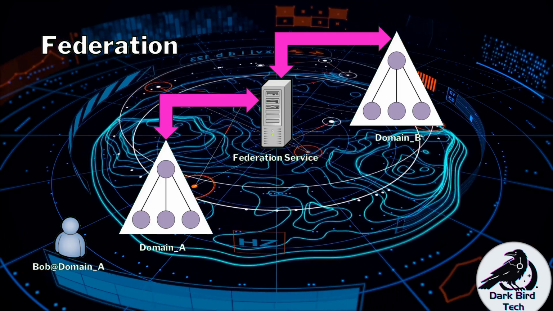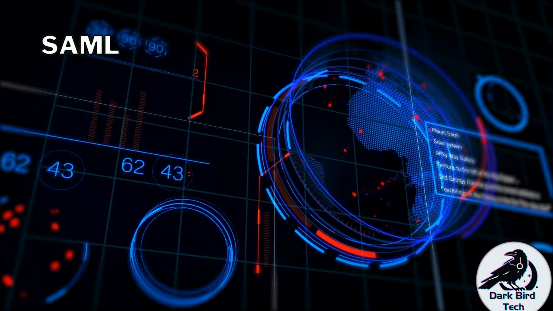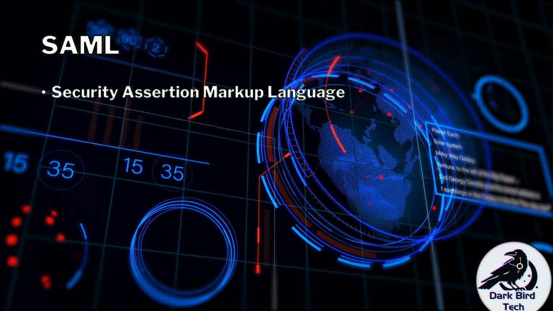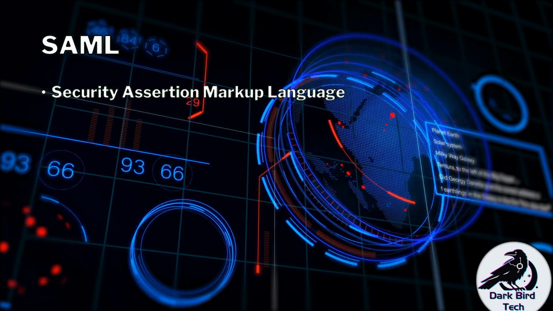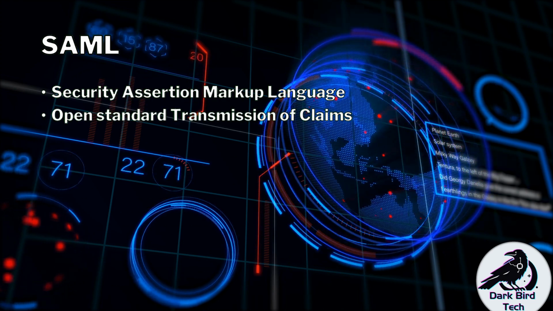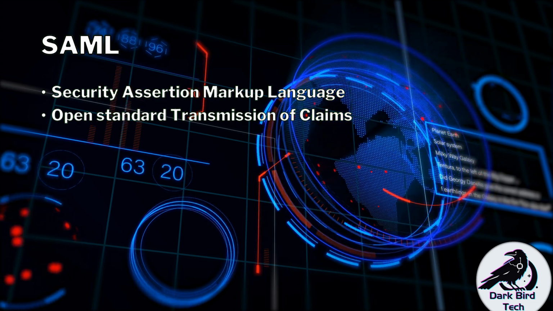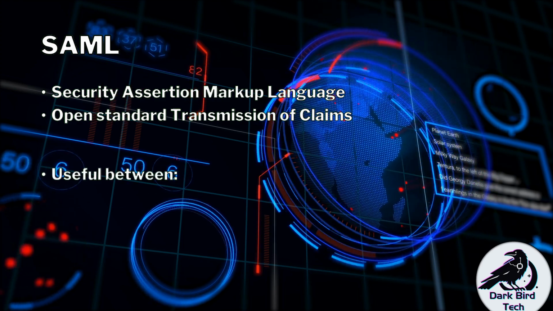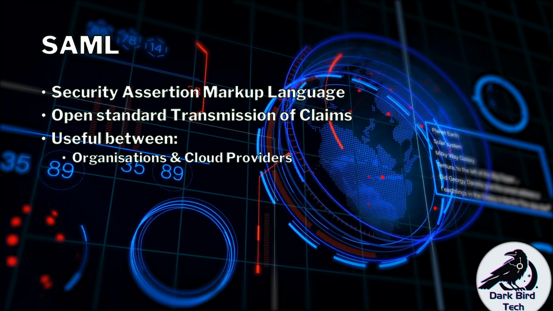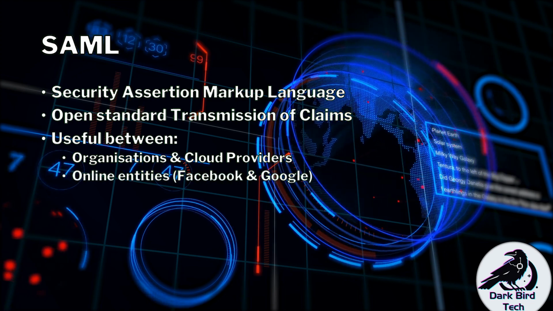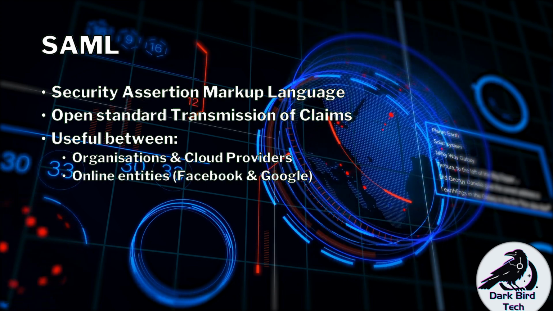Well, usually that runs through something called SAML, or the Security Assertion Markup Language. This is actually a very cool thing because it is an open standard for transmission of assertion claims for identity and access rights. And it's used between organizations and cloud providers and even online entities like Facebook and Google and other websites.